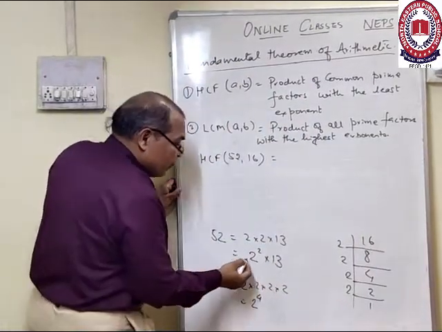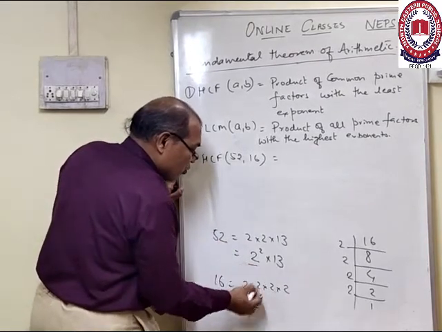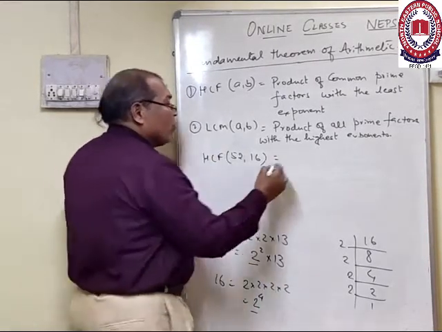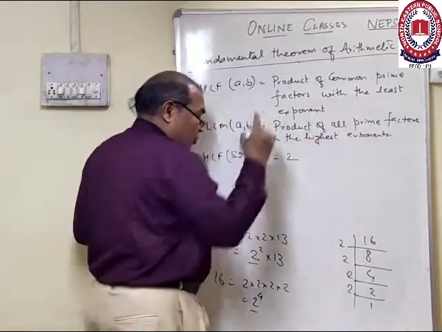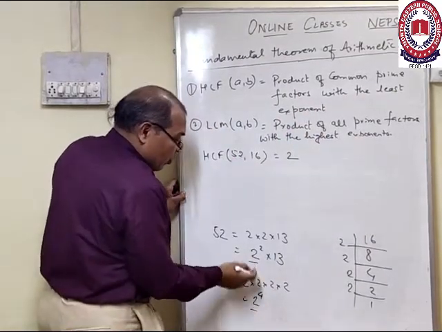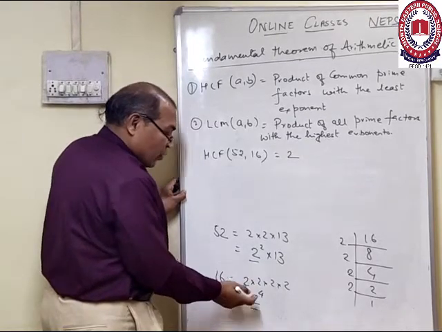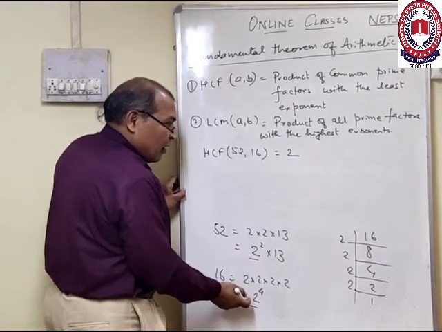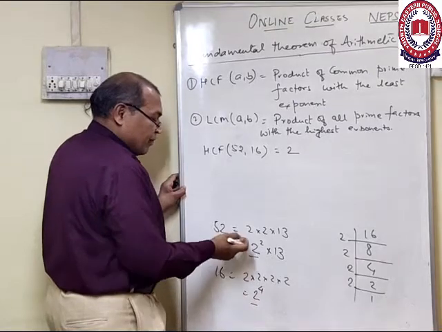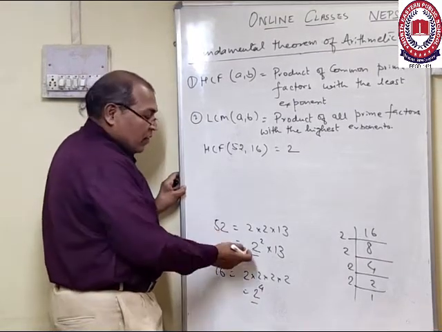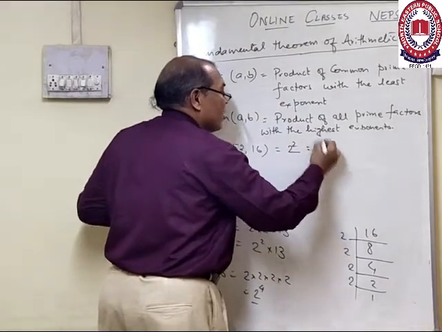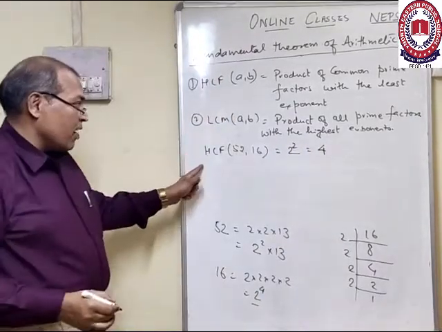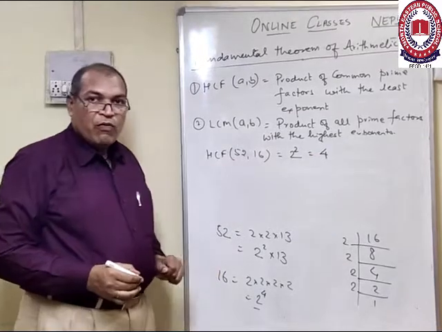In 52 and 16, 2 is the common prime factor. So first we write 2, the common prime factor, and it is taken with the least exponent in both 52 and 16. Which number has the least exponent of 2? 52, giving exponent of 2 is 2. 2 power 2, that means 4. So we can say HCF of 52 and 16 is 4.